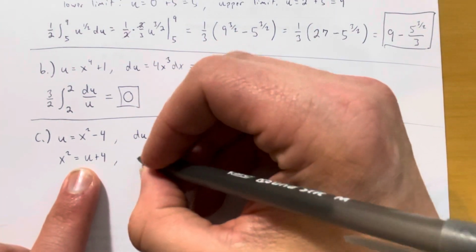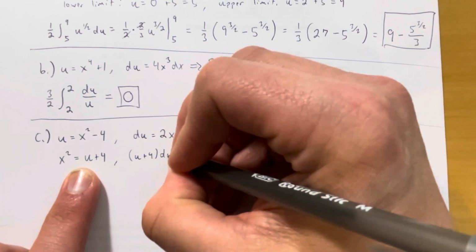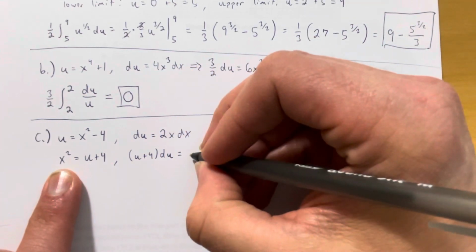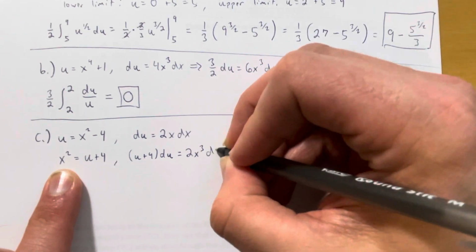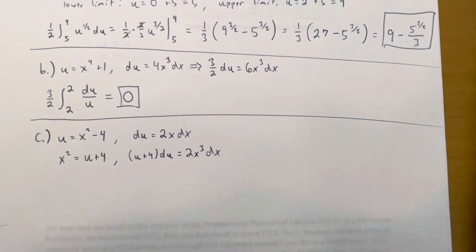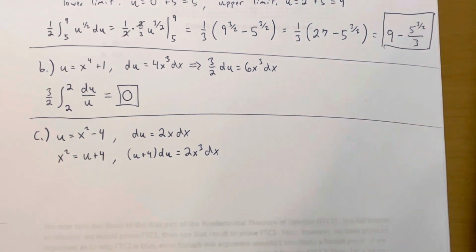Let me do the u plus 4 on this side, and its equivalent x squared on the right side. That's equal to 2x cubed dx. We've seen this before in 4.2 when we learned about u substitution. Sometimes you have to manipulate the original definition of u to make it work into your integrand.